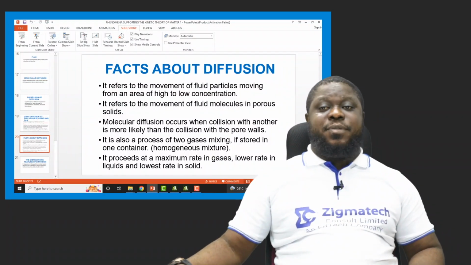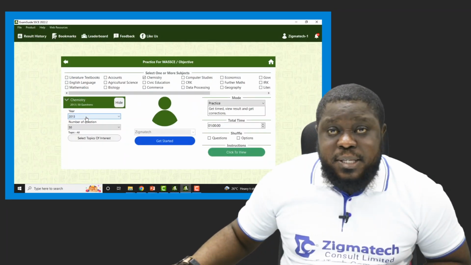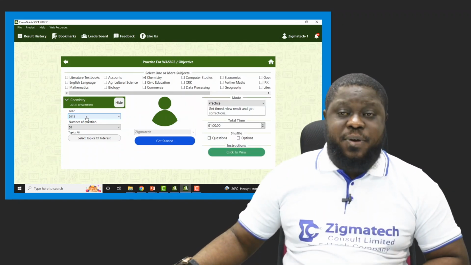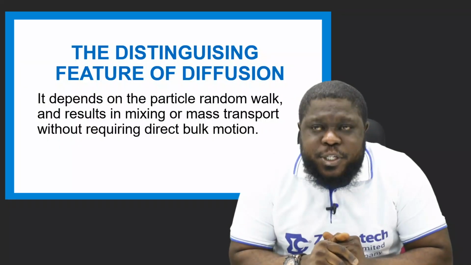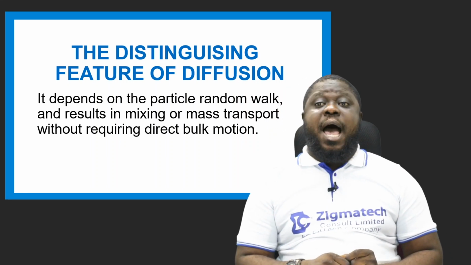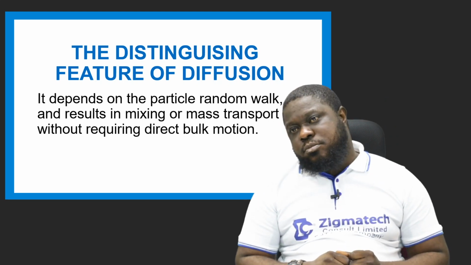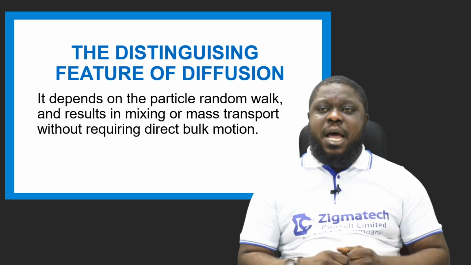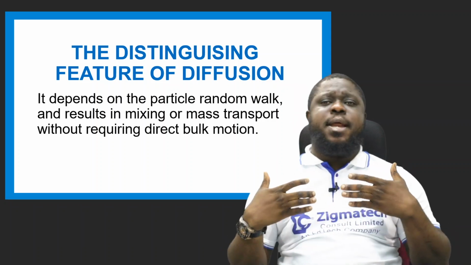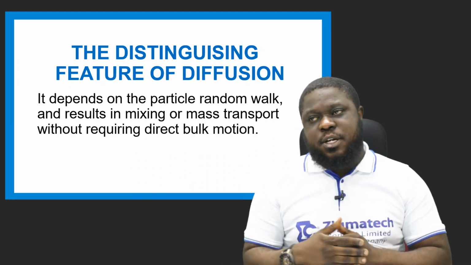Now we've come to the end of this section, but before we leave, we use our exam guide to answer a question from what we have learned. The distinguishing feature of diffusion: it depends on the particular random walk and results in mixing or mass transport without requiring direct bulk motion. In essence, it depends on how the molecules move. The way they move will determine the change from high to low concentration.